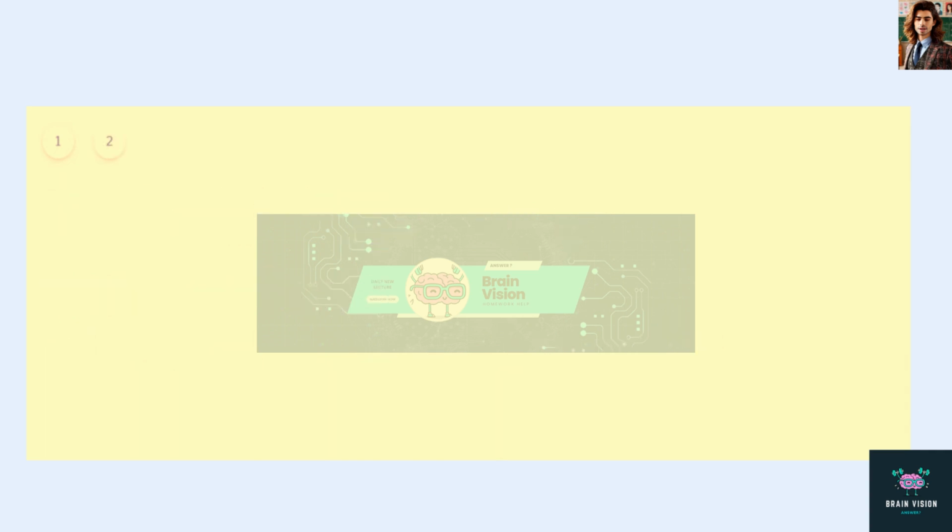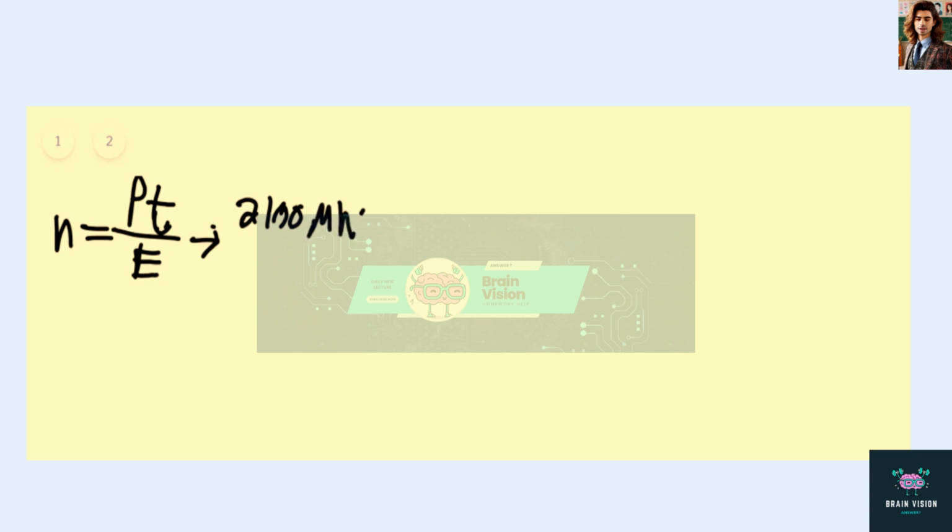Okay, so I'm going to remind you of our equation. N equals power times time divided by the energy for a fission. And we're going to pretty much just plug and chug. So we have 2100 megawatts.